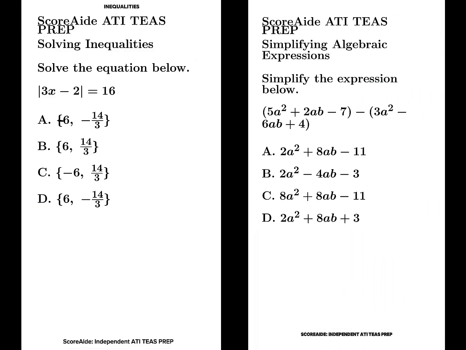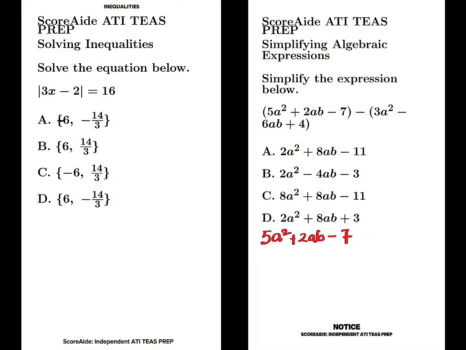Now, let's look at this question. Simplify the expression below. So we have parentheses open 5a squared plus 2ab minus 7, minus parentheses open 3a squared minus 6ab plus 4, parentheses close. Now we are going to bring the like terms together. Remember, we can rewrite this expression as 5a squared plus 2ab minus 7.